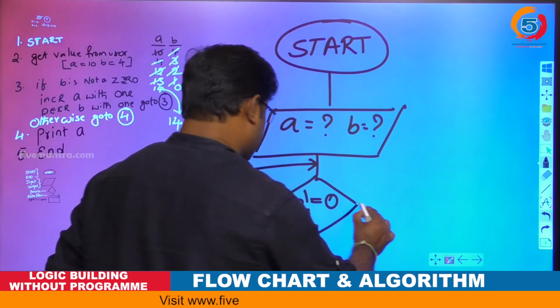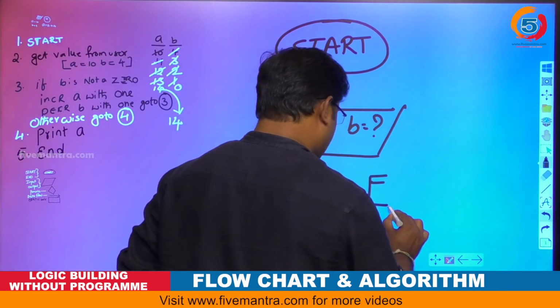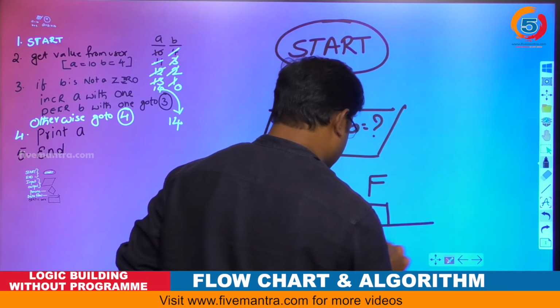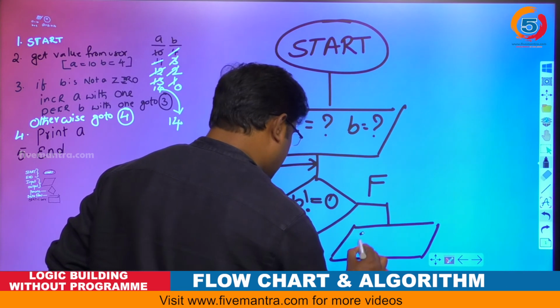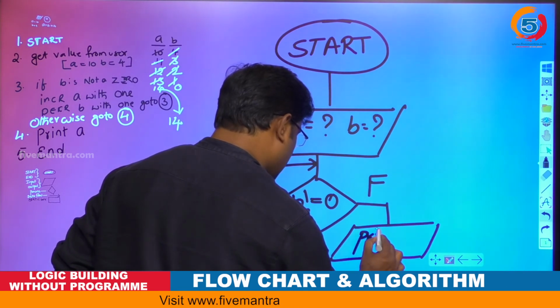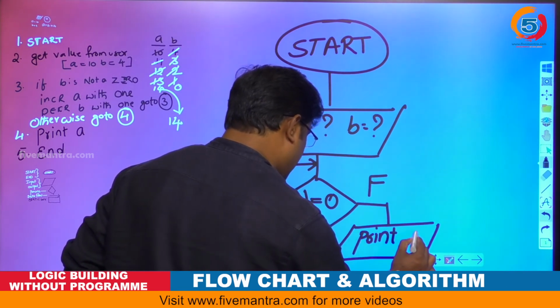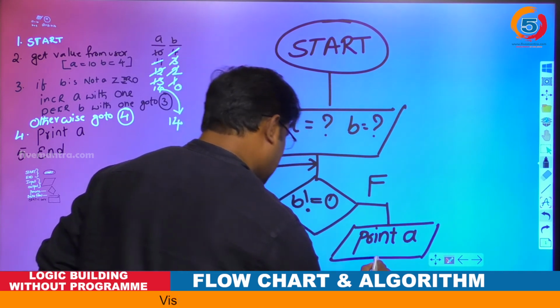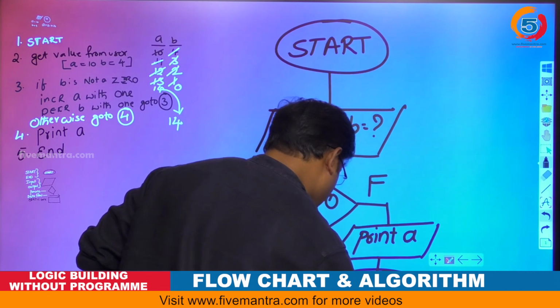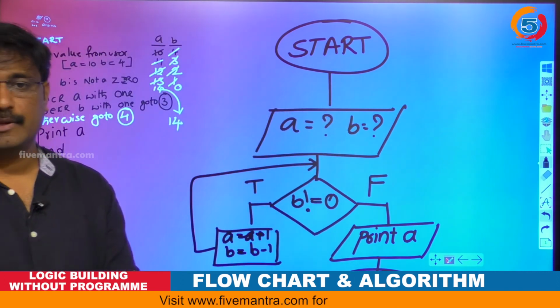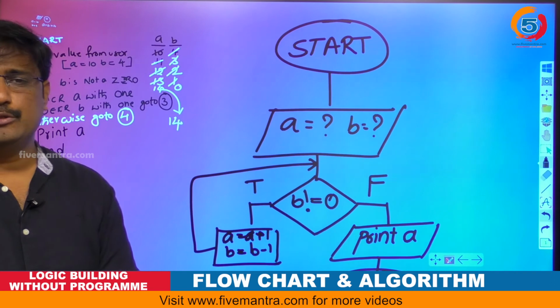If it is false, then what I have to do? I have to print, means once again an IO function, that is print the A value. Once it is completed, then this we call the end of the program. In this simple way, we'll do this program.